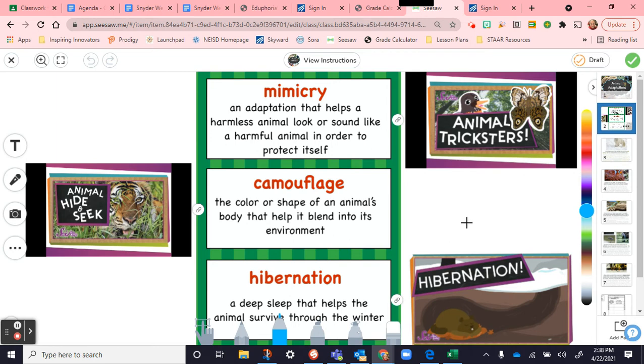Hibernation, we talked about this, so we got lots of examples of different bugs and animals and things like that that will hibernate, and they go into this deep sleep. It's almost like when we talked about Roz, and we read the part where Bright Bill was pushing the button and he kind of shut down. It's kind of like that. It's like a shutdown.